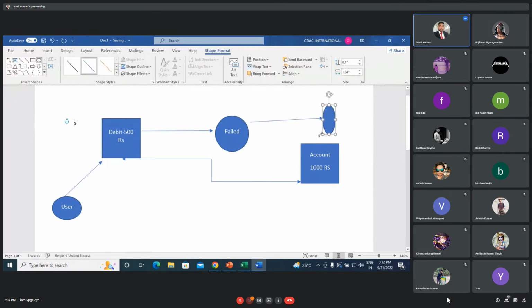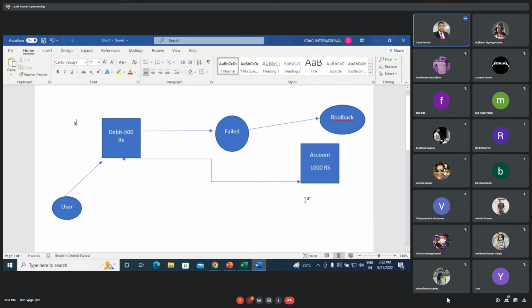If the transaction status is failed, then what will be the process? Roll back. Why roll back? Because money was debited from your account, but you did not receive it. So who is responsible here?